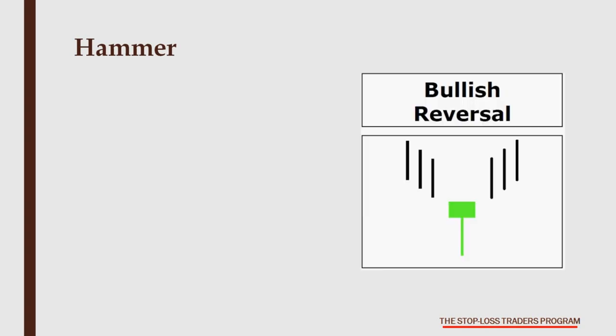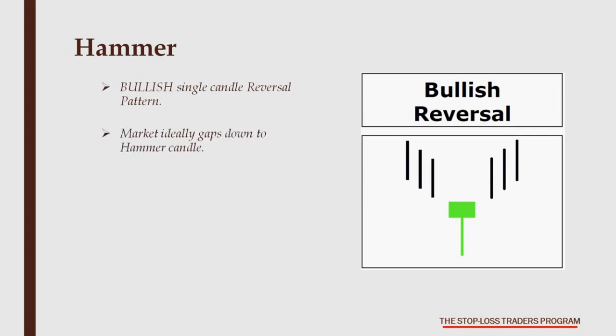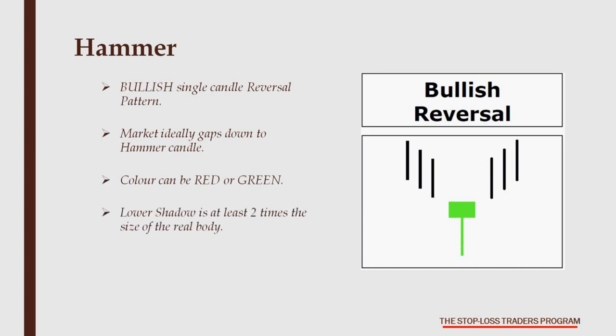It is a bullish reversal pattern. It is a single candle reversal pattern. Market ideally gaps down and then gaps up, but that is the ideal case. Color can be red or green, doesn't matter. Lower shadow should be at least twice the size of the real body with no significant upper shadow.